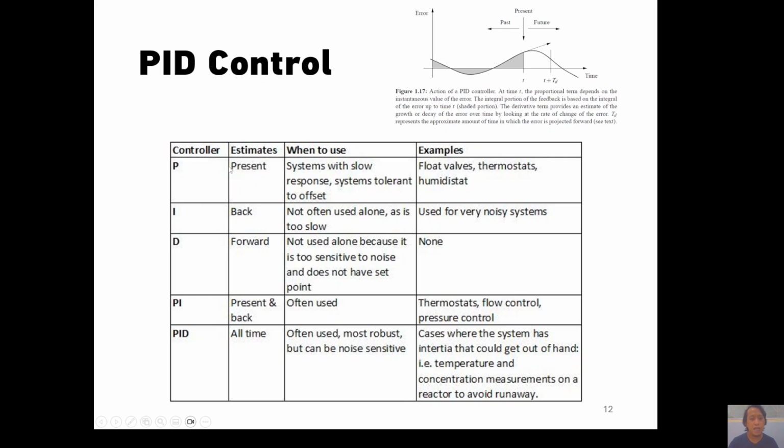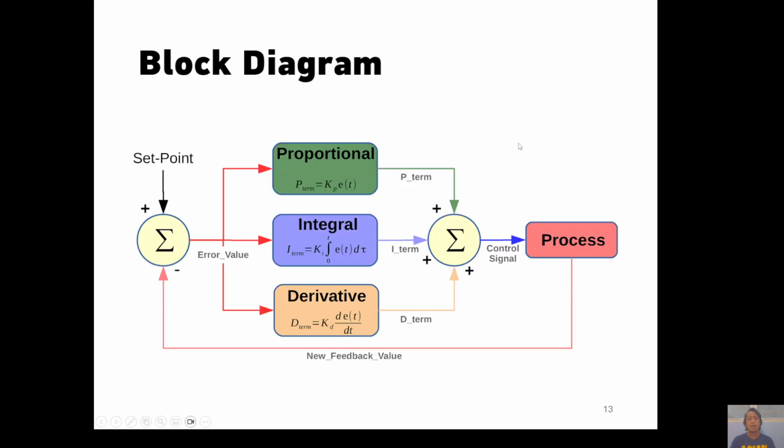P estimates the present, I estimates the past, and D estimates the future. So this is the present, this is P, the past is I, and the future is D. And this is the block diagram.